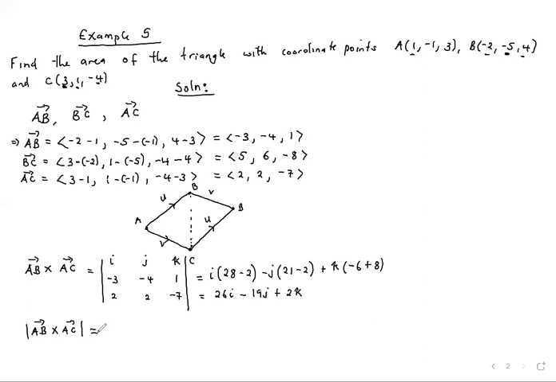Get the magnitude, which is the square root of 26 squared plus negative 19 squared plus 2 squared. 26 squared, that's 676, plus 19 squared, that's 361, plus 4.